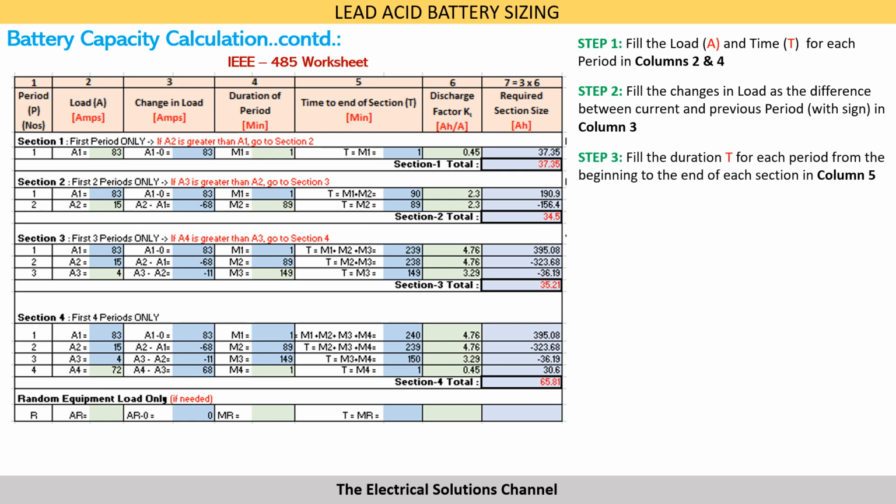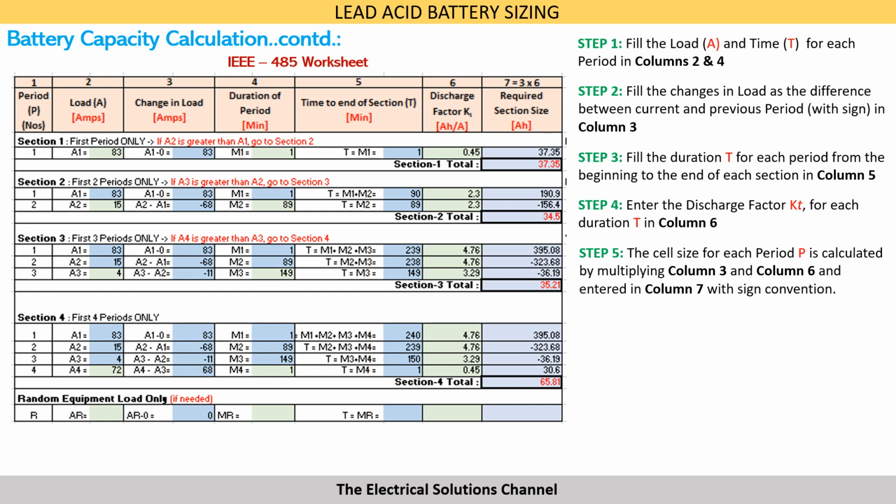Then we fill the duration of each period from the beginning to the end of each section in column 5. The KT factor for each duration is filled in column 6.